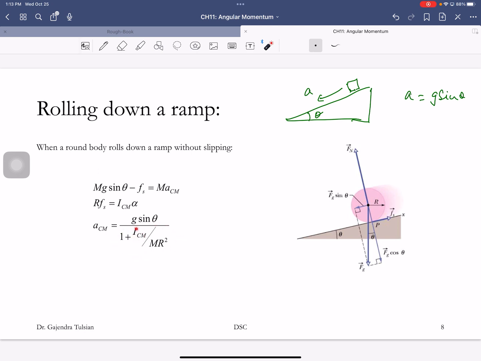The greater the moment of inertia of the wheel, the smaller the acceleration. So you take any wheel and let it roll down, and let an ice cube slide down the same incline, the ice cube will get to the bottom faster. Anything sliding frictionlessly will get there faster.